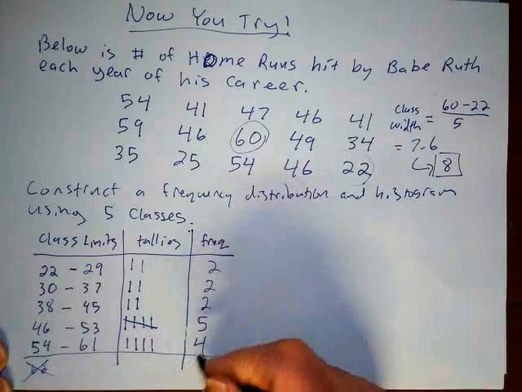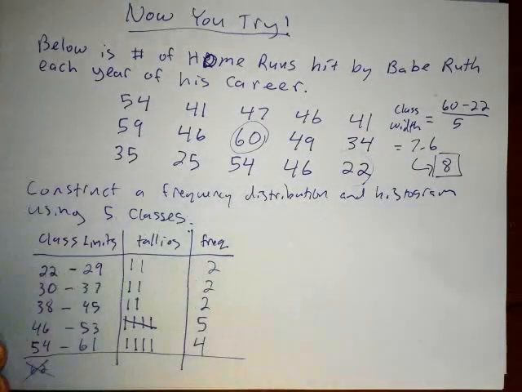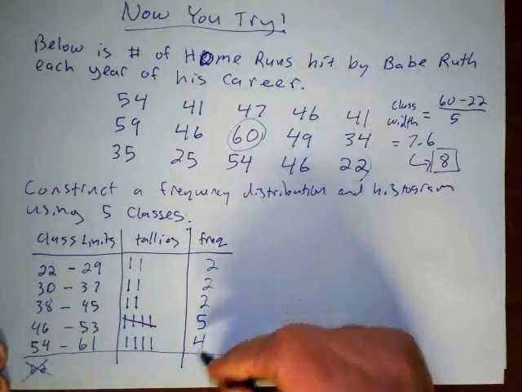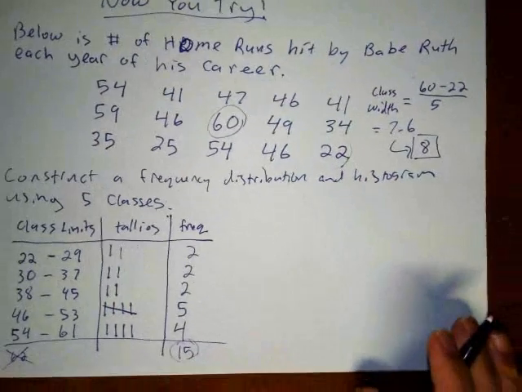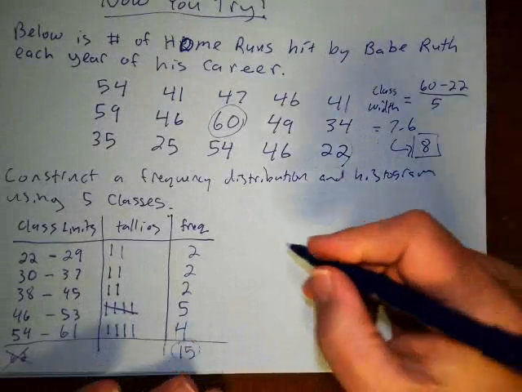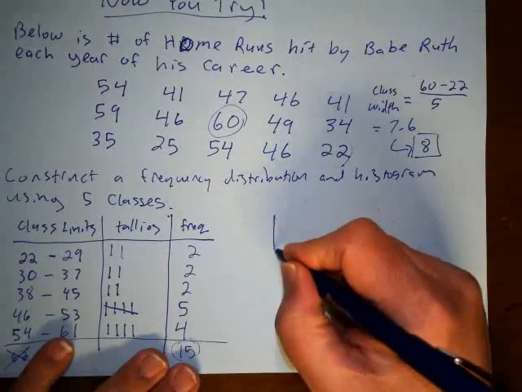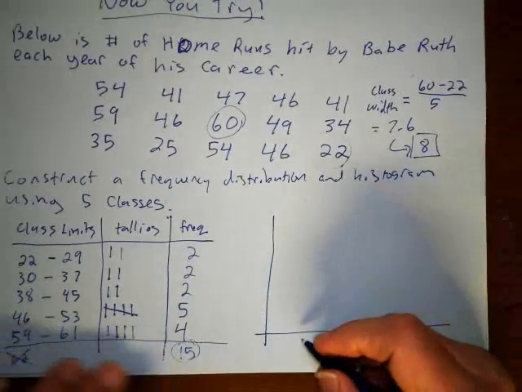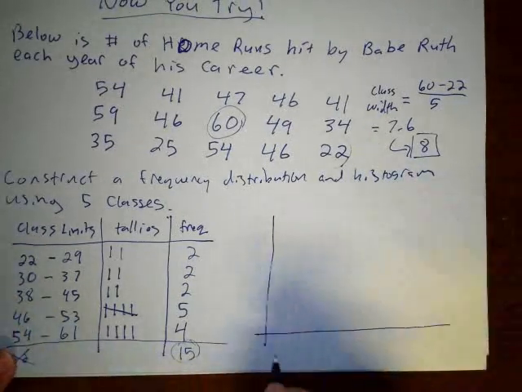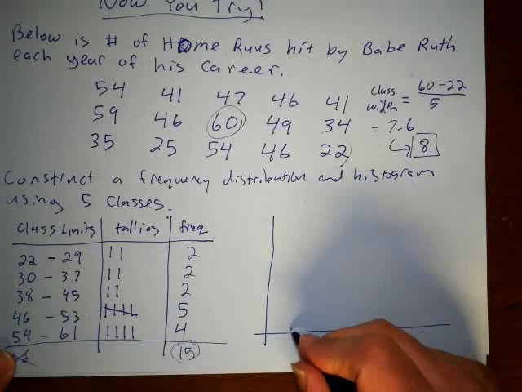So what do I do to double check? I need to add these up. So I get 6, 11, 15, and that is the total number of classes. Okay, so now let's make my histogram. So these are going to be the lower limits. I have 5 classes, so I need to put 6 lower limits.